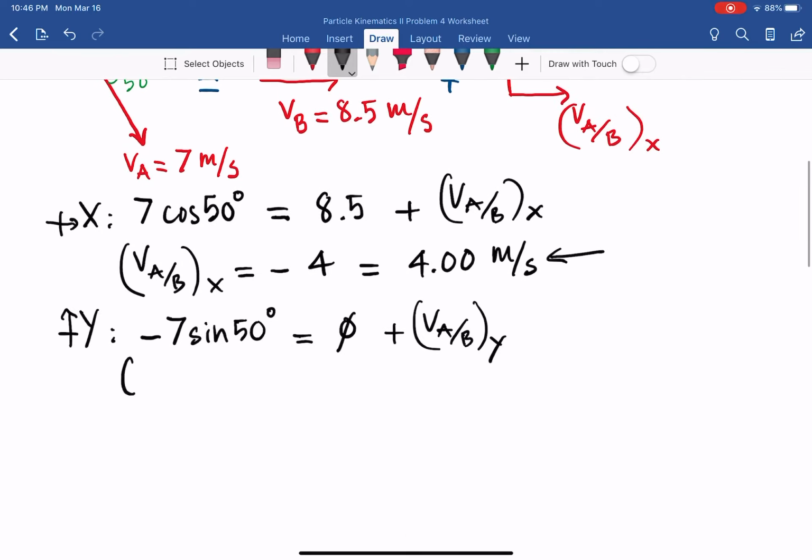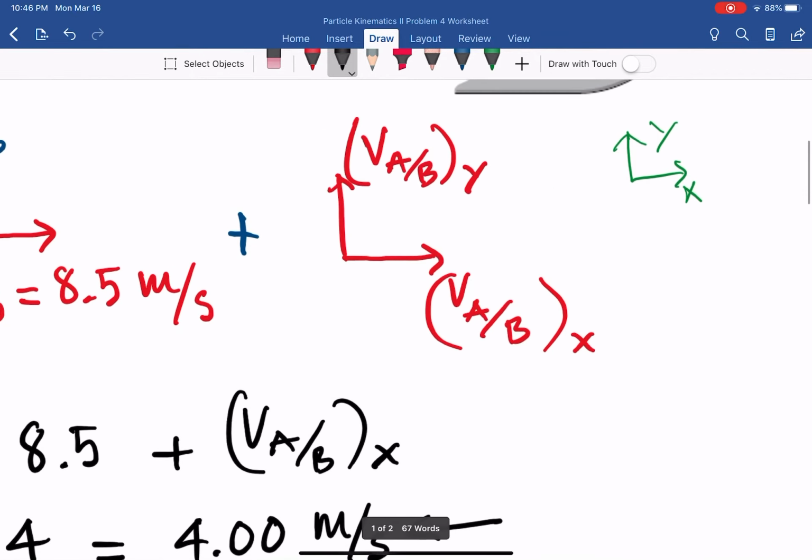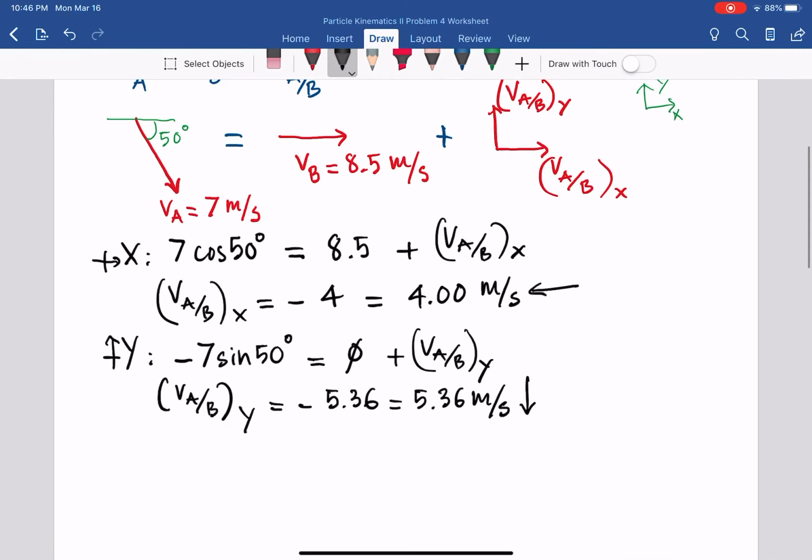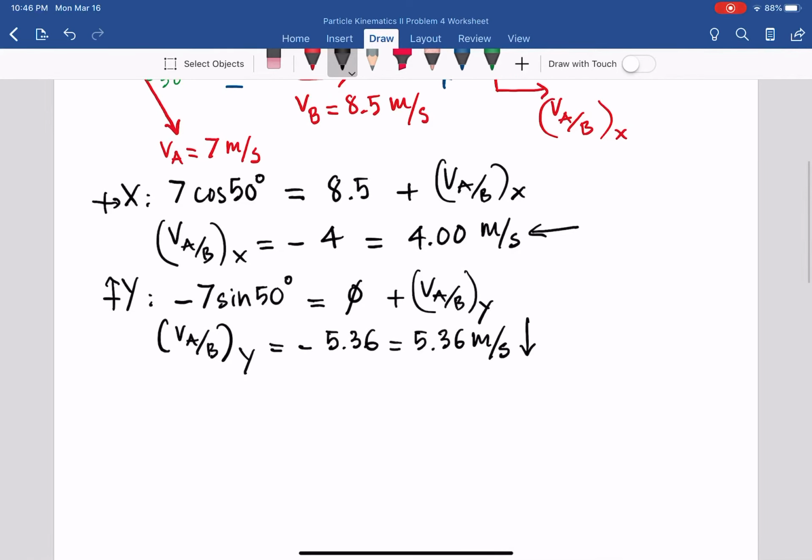Again, one equation, one unknown. I have VA relative to B y equal to also a negative number, negative 5.36. What does that mean? It is 5.36 meters per second, opposite to our assumed direction going up, so negative means the opposite direction, going down. So that is what you have for the two components.